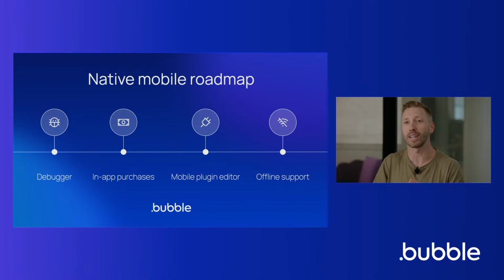We're also working on AI-generated mobile apps. This will extend our AI capabilities from web to mobile, allowing you to describe your mobile idea in natural language and have our AI generate a foundation that you can then refine and customize.